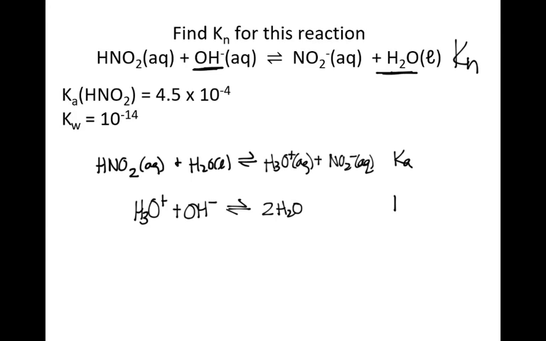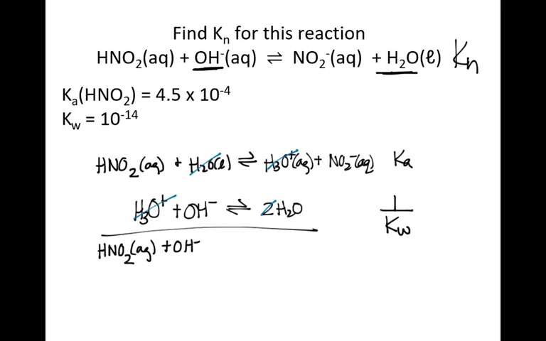So recall that if you reverse the direction of the reaction, you find the inverse of its equilibrium constant. And if we add those together, we get our neutralization reaction because the H3O pluses cancel, and one of the waters cancels. And so we end up with HNO2 plus OH minus becomes H2O, water, plus NO2 minus.